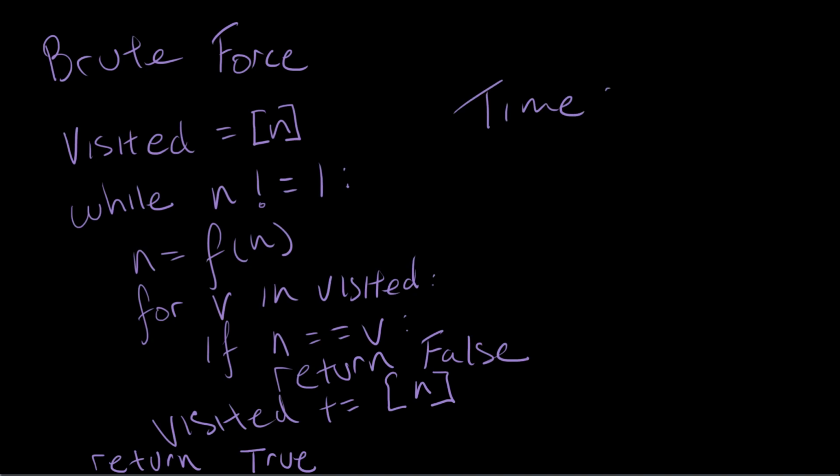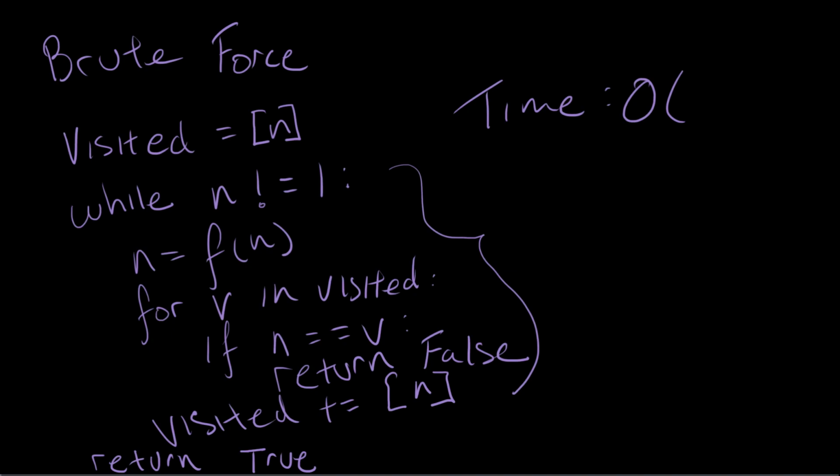This time complexity is a little complicated. It is reliant on the length of the path, because this while loop goes as long as the path is. In the instance of 19, the path went from 19 to 82 to 68 to 100 and to 1.